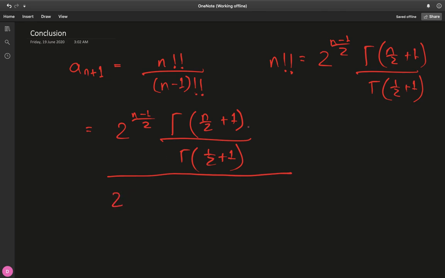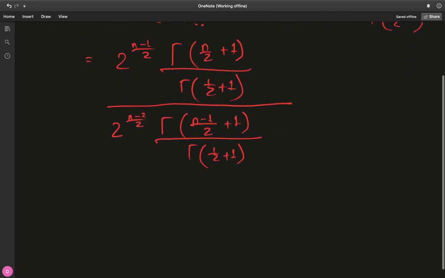So we have 2 to the n minus 1 minus 1, which is n minus 2, over 2 times the gamma of n minus 1 over 2 plus 1 divided by the gamma of half plus 1, because the denominator is independent of n. Notice that these denominators are cancelling out nicely.